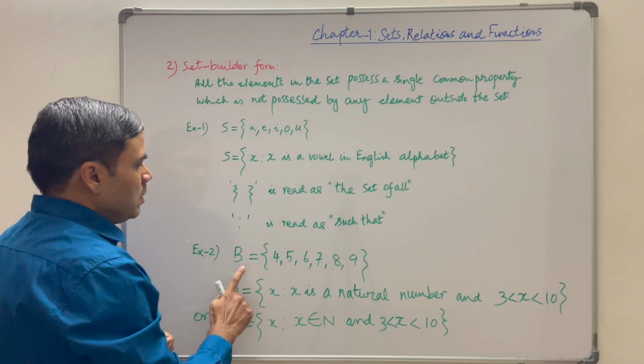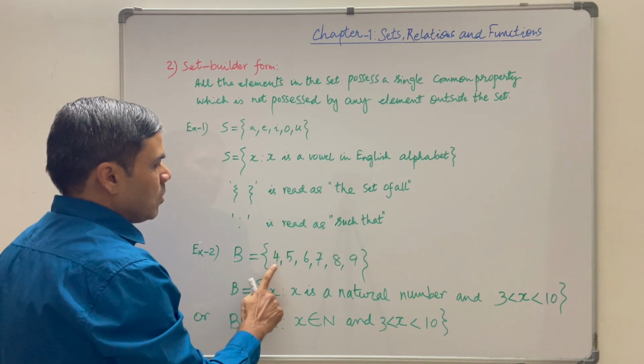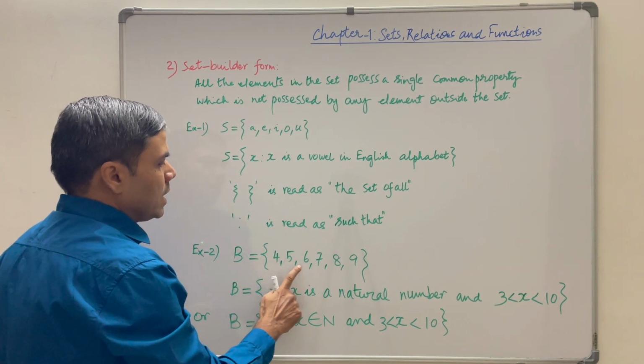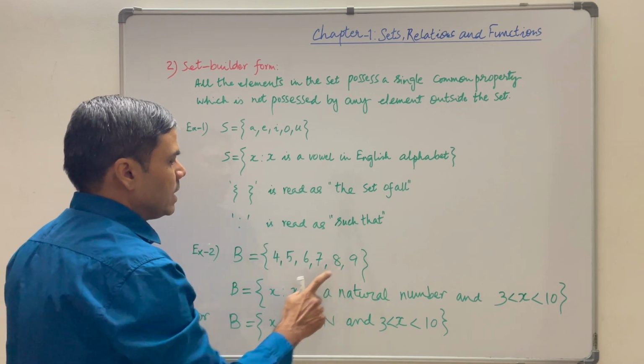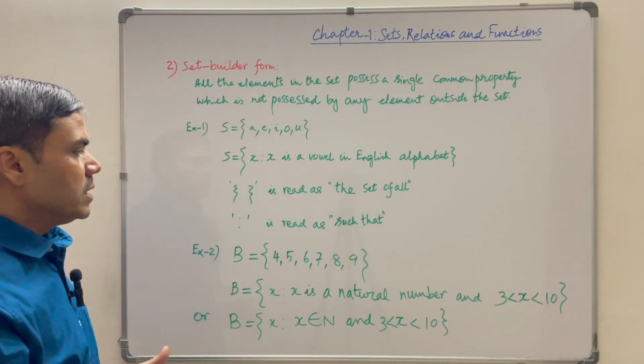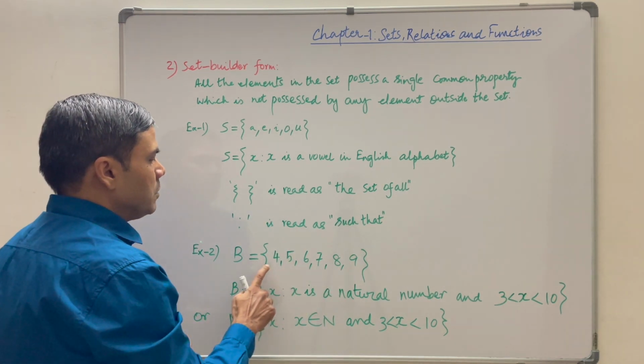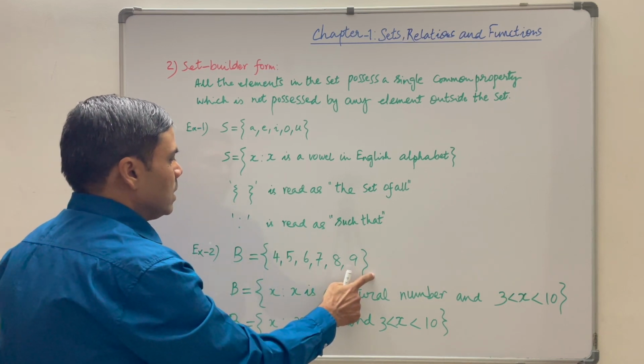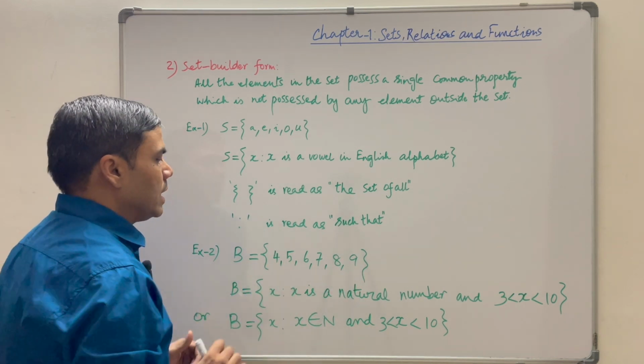Second example, B is a set consisting of numbers 4, 5, 6, 7, 8, 9. You know that these numbers are natural numbers between 3 and 10, not including 3 and 10.